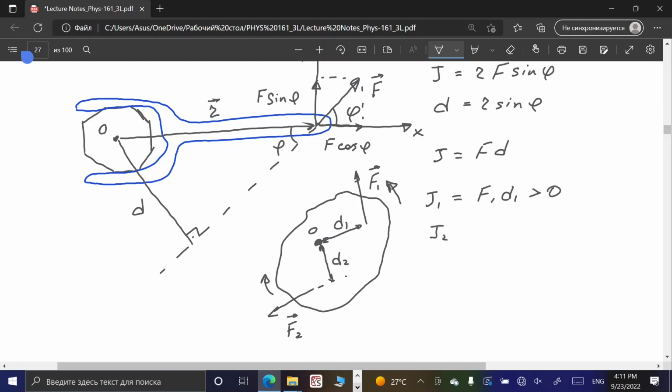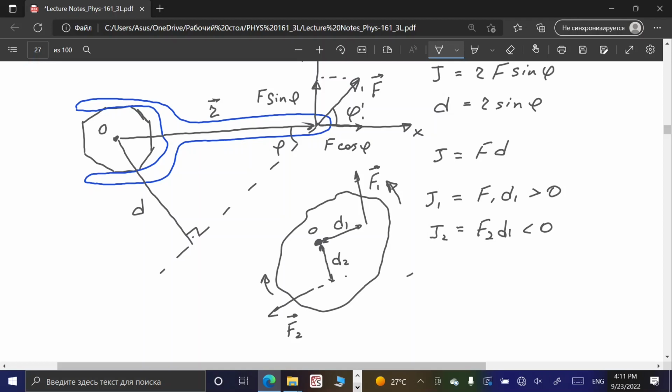Counterclockwise is positive, clockwise is negative. So if we have this F2 times d2, this will be negative because it tends to rotate in the opposite direction.